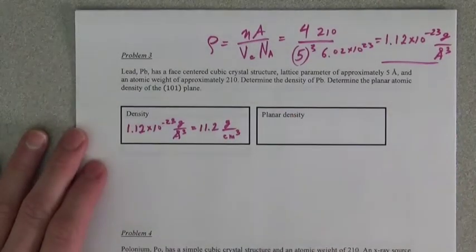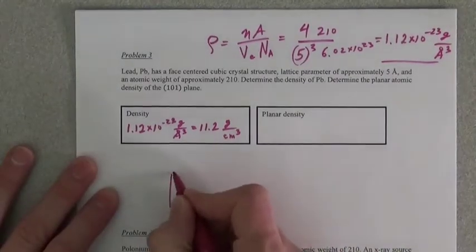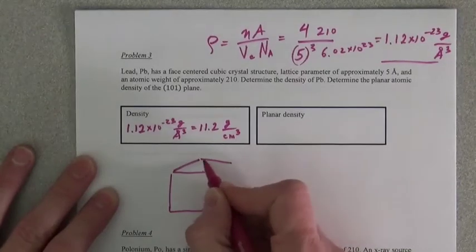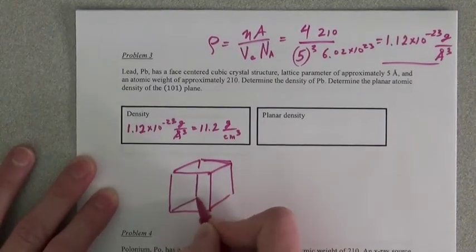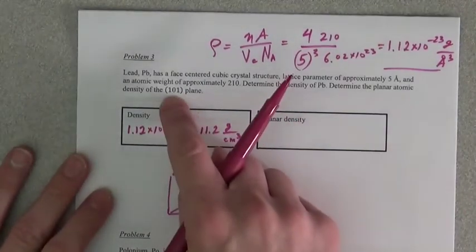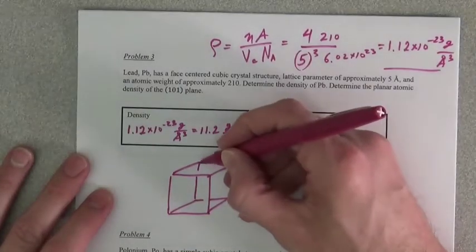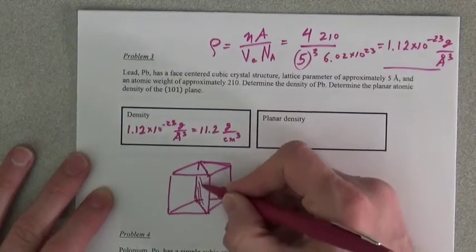The question of planar density, this is how many atoms per area in a plane. And we've got an FCC crystal, so it's cubic, and we're interested in the 101 plane, or 101 family of planes, so we're basically interested in this plane.